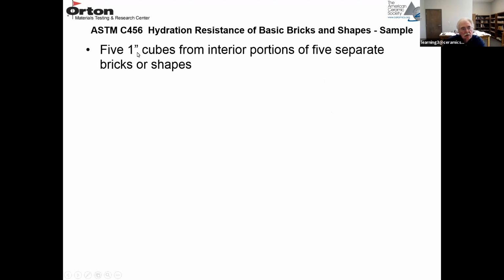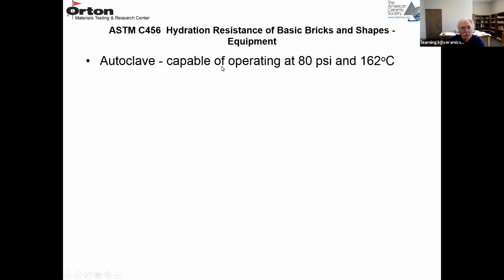So 1-inch cubes are used in this test. They're cut from 5 separate samples, 5 bricks or refractory shapes, and they're cut from the interior portion of these pieces. For the equipment, you need an autoclave that can at least operate to 80 PSI and 162 degrees C. That's the operating parameters for this test.